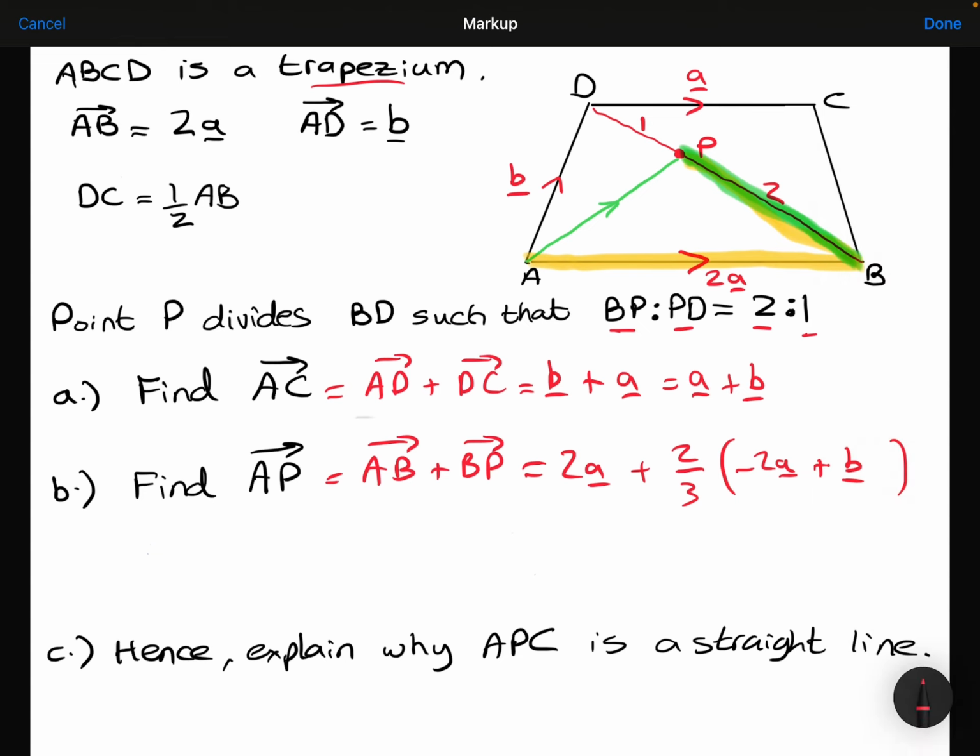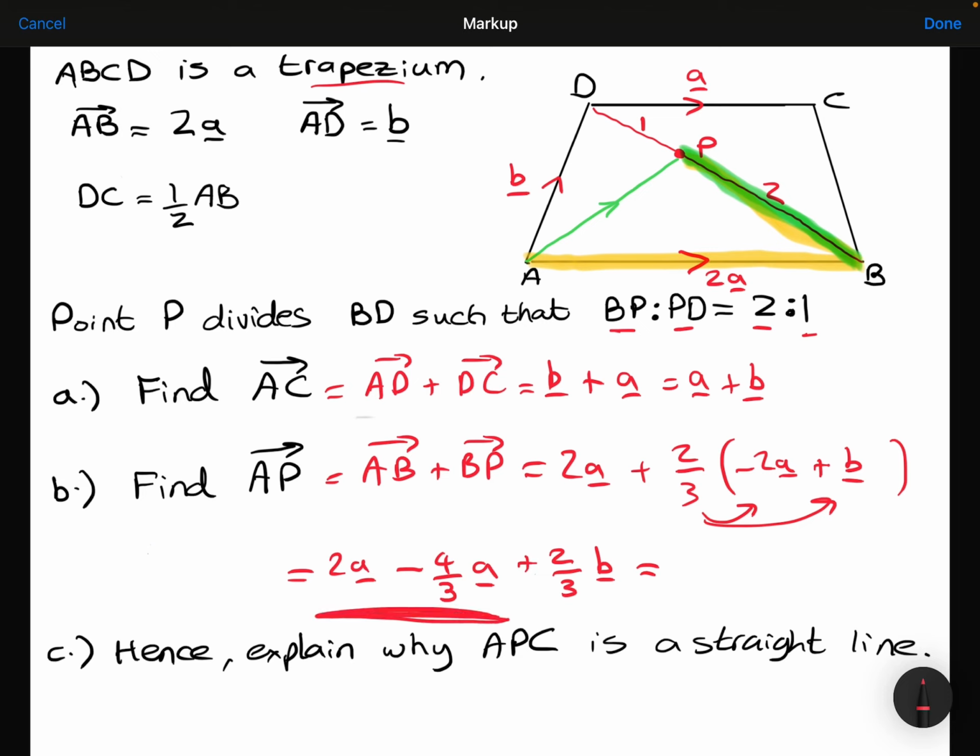I just want to simplify this now. So I'm going to expand the bracket and collect up like terms. So I've got the 2a at the front, then I've got 2/3 times -2, so -4/3 a, then 2/3 times b is 2/3 b. And if I collect up the like terms now, I've got 2a minus 4/3 a.